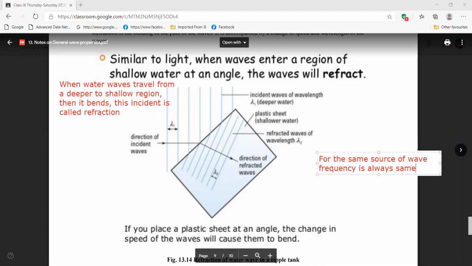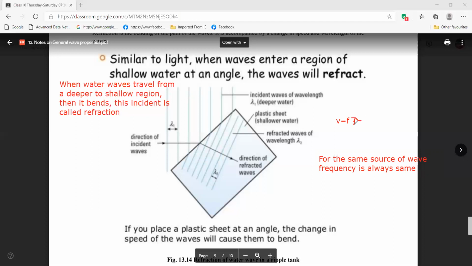Okay, we have a formula. Can you remember? Yes, sir. Which one? This one, V equals F lambda, right? So if frequency is the same always, for the same source, the frequency is always same.